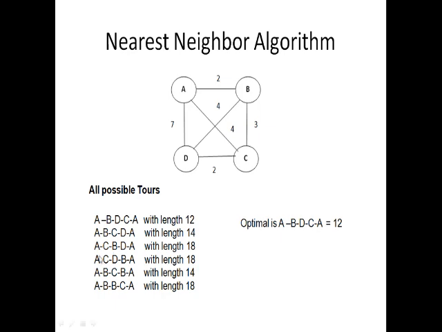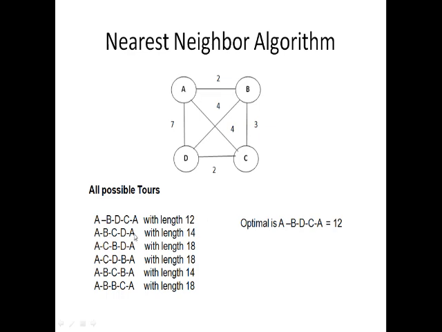Among all possible combinations, we have to find the combination which satisfies the rules of the traveling salesman problem and has the minimum length. Here A to B, B to D, D to C and C to A satisfy all the rules with the minimum length of 12.